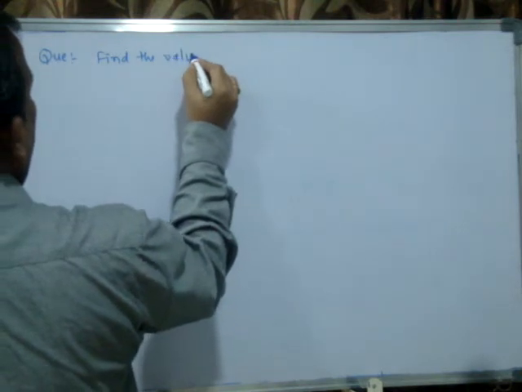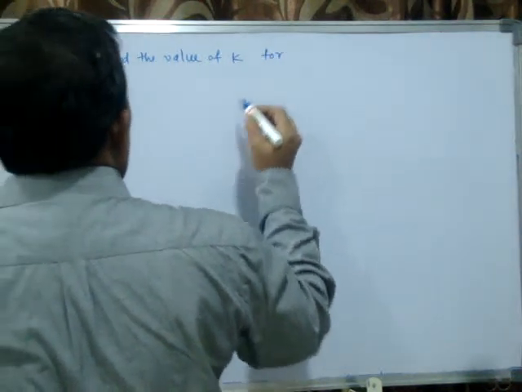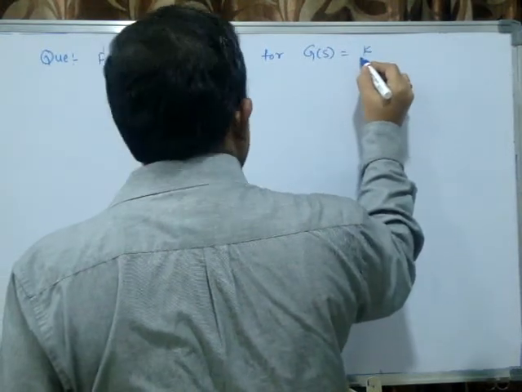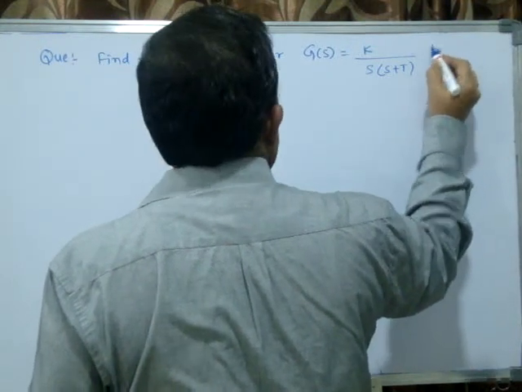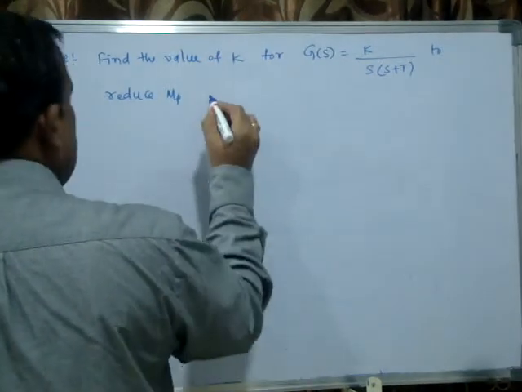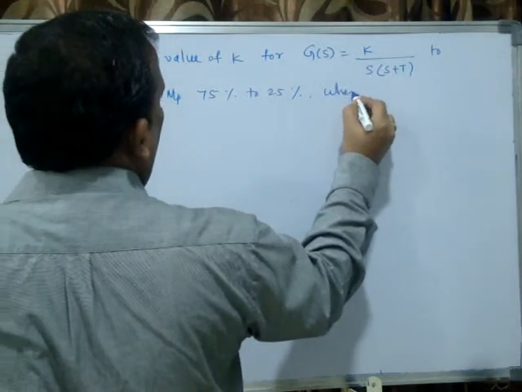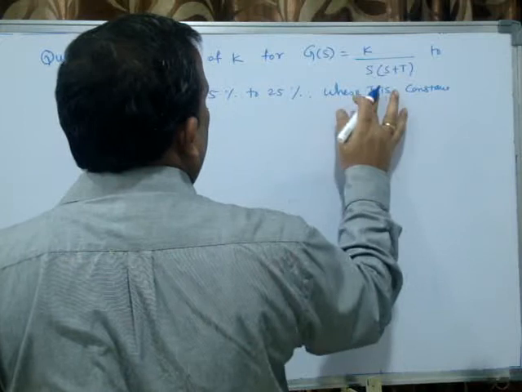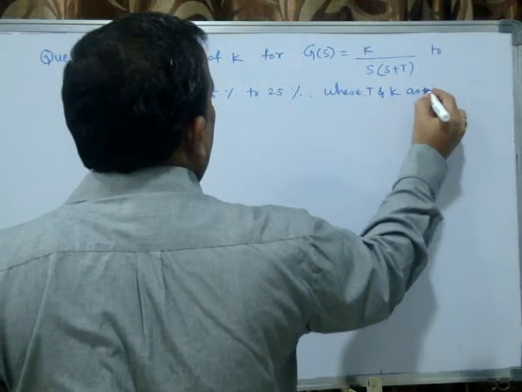Find the value of A for G of s equal to k divided by s into bracket s plus t, to reduce MP, maximum peak overshoot, from 75% to 25%, where T is the time constant and K is the gain. T and K are constants.